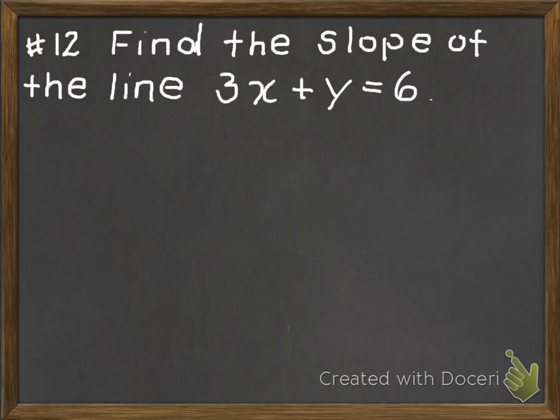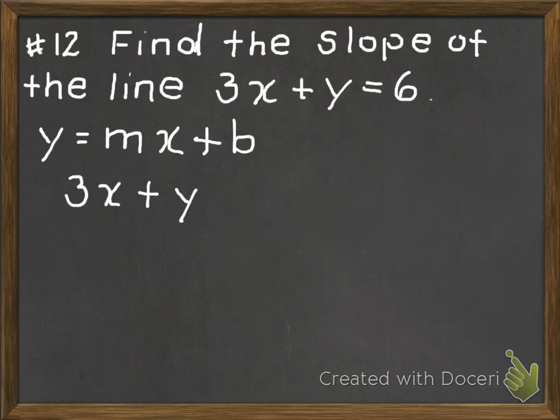And remember, slope-intercept form is y equals mx plus b. So the first thing we're going to do is put this line in slope-intercept form. To do that, all we need to do is bring the x term to the other side by taking it away from both sides.